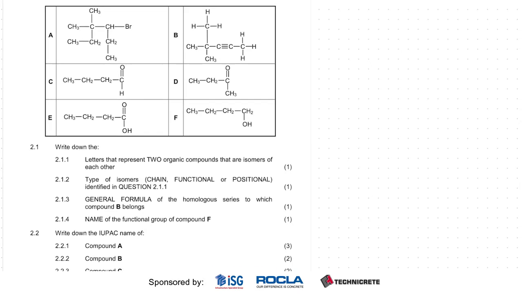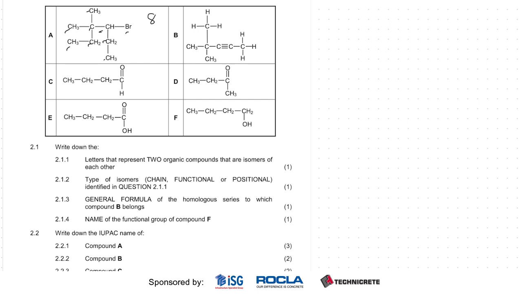Write down the letters that represent 2 organic compounds that are isomers of each other. Well, isomers definitely all have the same amount of atoms. Okay, so I mean, we can just check. So A has how many carbons? 1, 2, 3, 4, 5, 6, 7, 8. 8 carbons and a bromine.